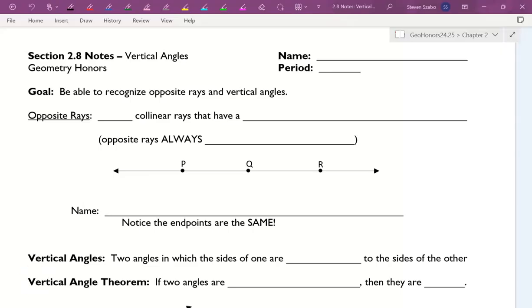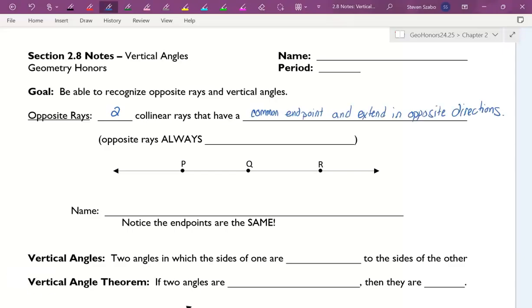So to start, we are going to review the definitions of opposite rays and vertical angles. We've defined both of these already. Opposite rays are two collinear rays. That's an important distinction, and it means that they have a common endpoint and they extend in opposite directions.